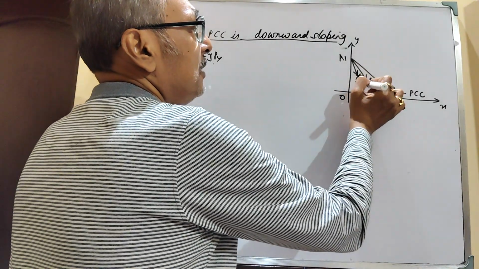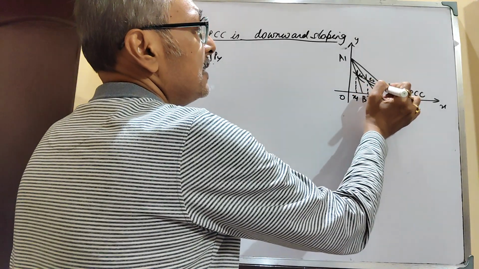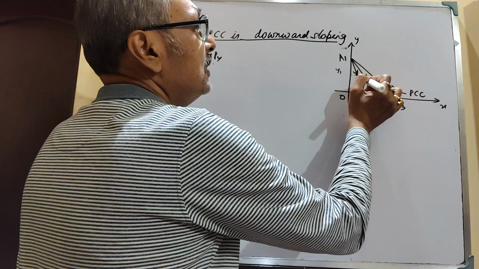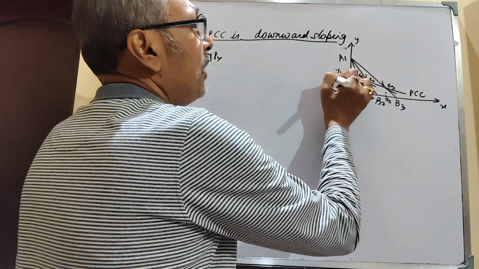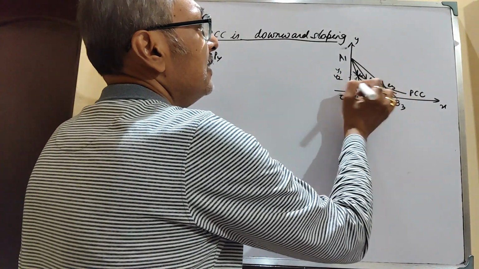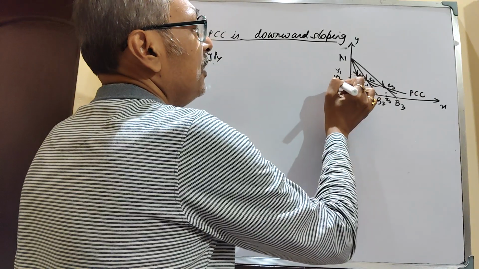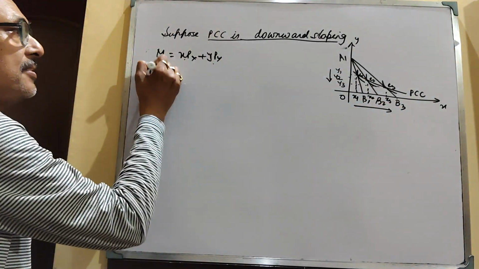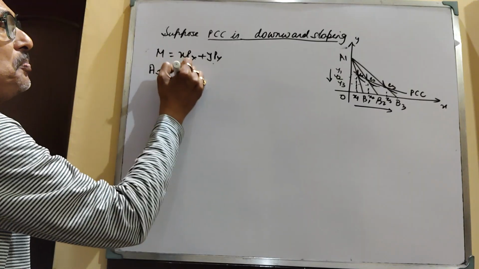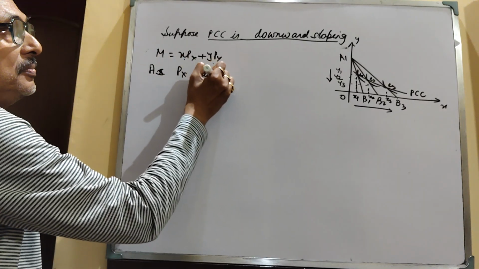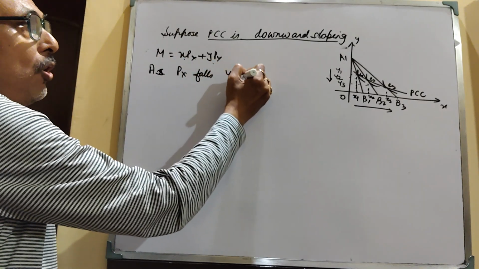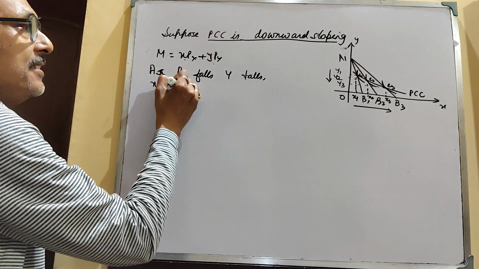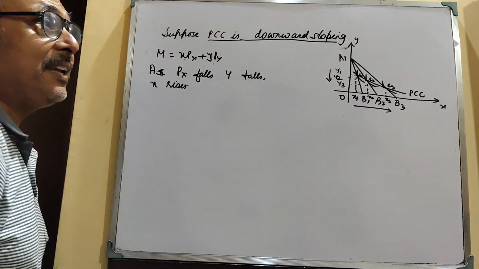This is your x1, this is x2, this is x3. This is your y1, this is y2, and this is y3. Now, as px falls, y falls, x rises by construction.